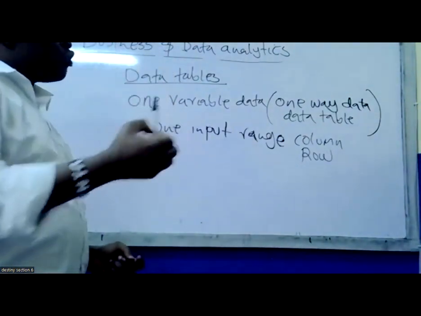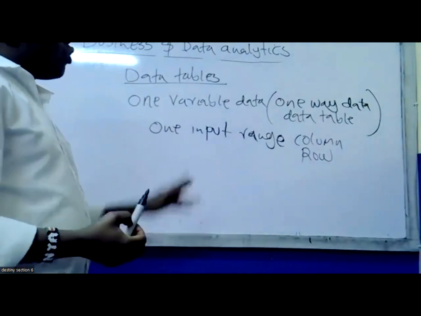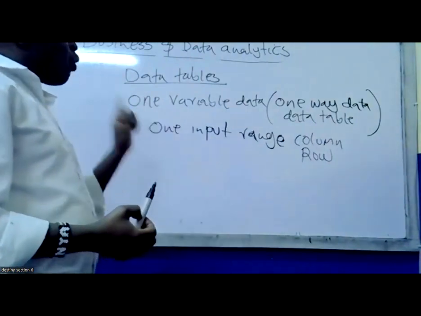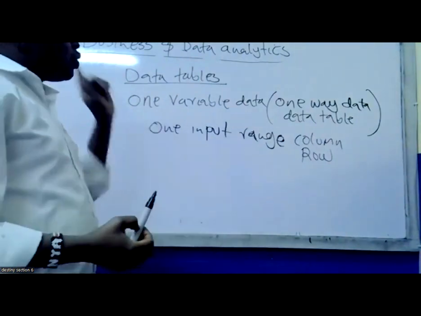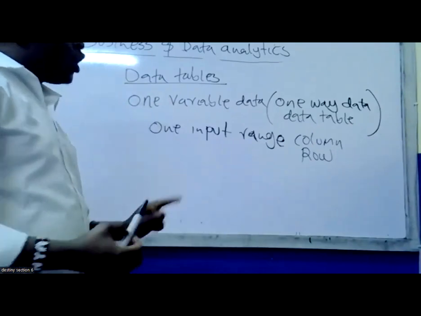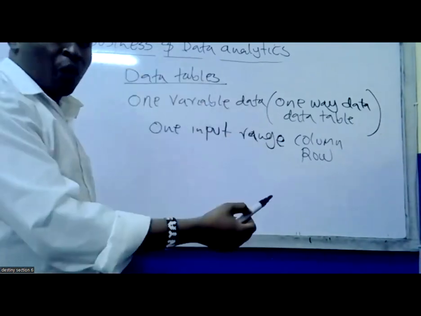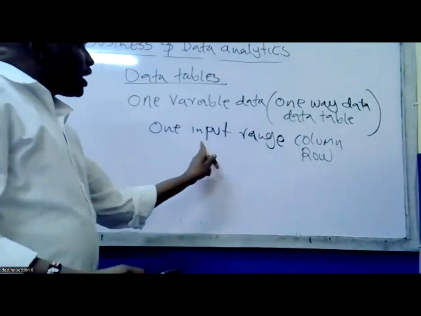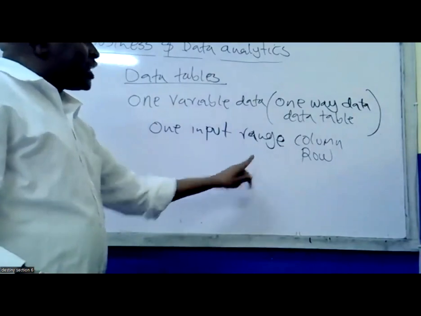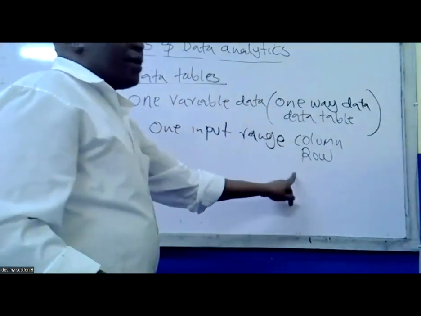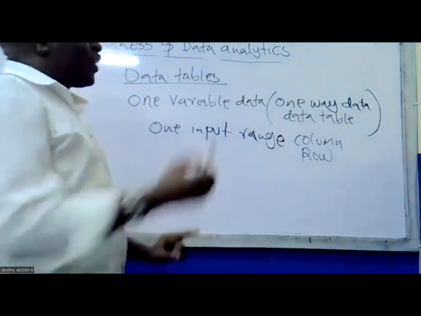So we deal only with one variable data table. We are using only one input range, which will assist us to solve many other problems. It can be either a column or a row. It doesn't matter, provided it is what?